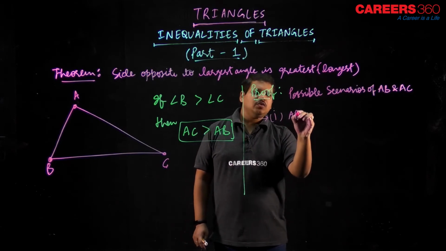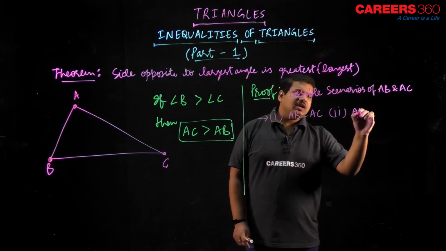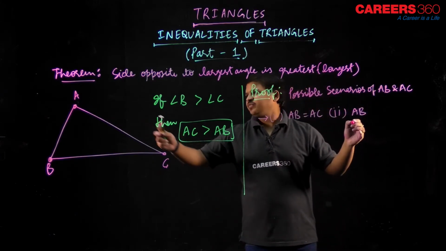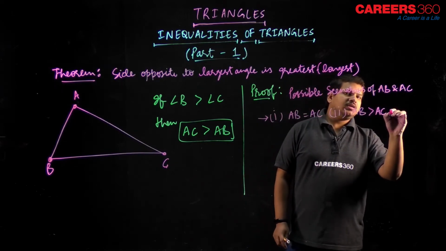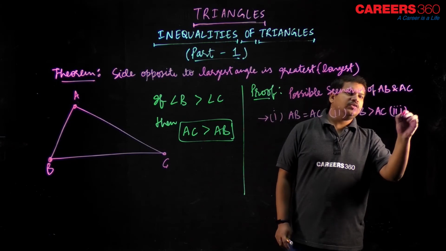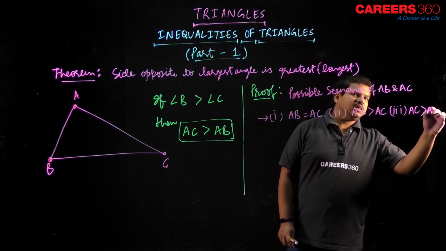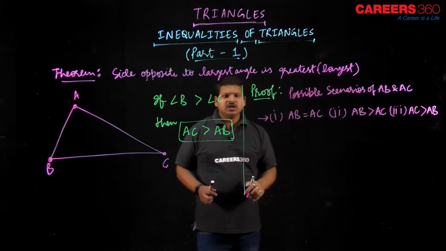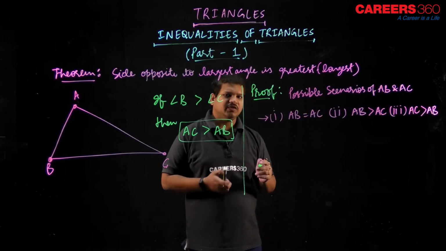Firstly, AB could be equal to AC. Secondly, AB could be greater than AC. Or the third scenario, AC could be greater than AB, right? Only three scenarios can occur. Now let's analyze each scenario one by one.